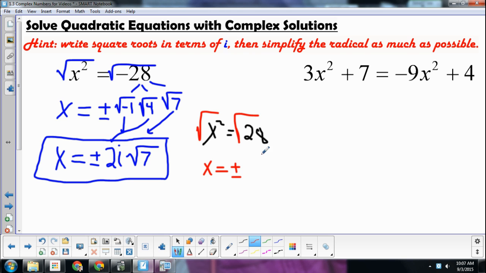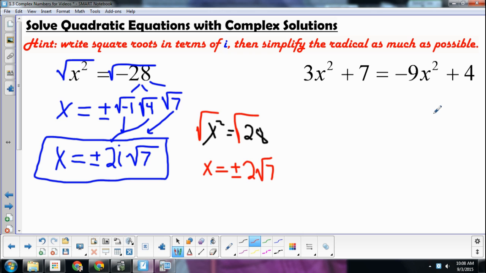As I simplify the square root of 28, it turns into 2 times the square root of 7. So notice the only difference between these two answers is that this one has an i and this one doesn't. If it's the square root of a positive number, there's no need to put an i here. If it's the square root of a negative number, take care of that by putting an i in your answer.